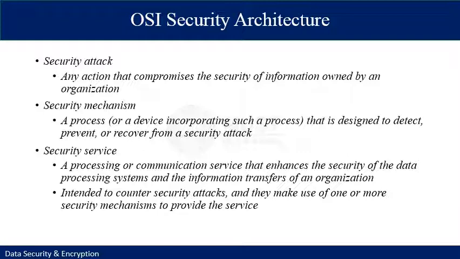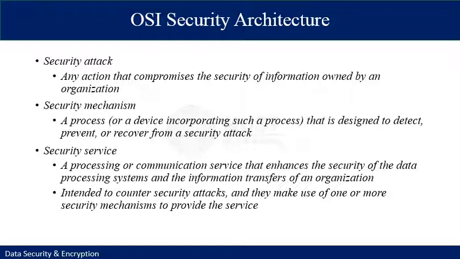It works in three steps. Number one is identifying a security attack. Then you have to identify the security mechanism that is used to prevent or cover that attack. Number three is the security service that shows how that mechanism is used to cover that attack.